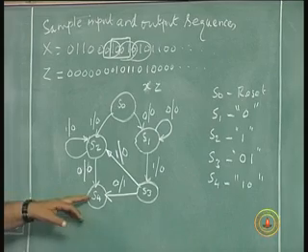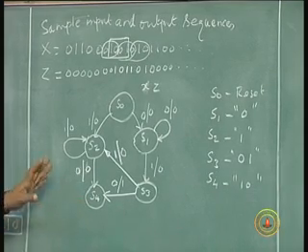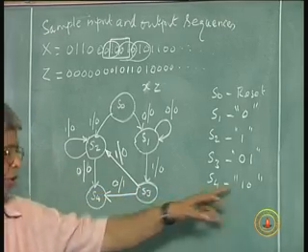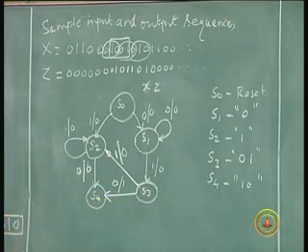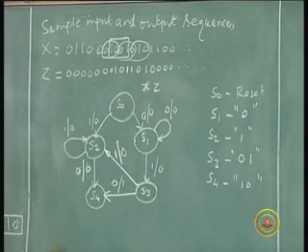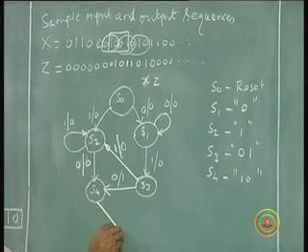So, let us continue with S4 and see how to complete the pattern 1 0 0 1. S4 is 1 0. So, if a 0 occurs here, that will be a part of 1 0 0 1. So, I will have to create a new state for that.